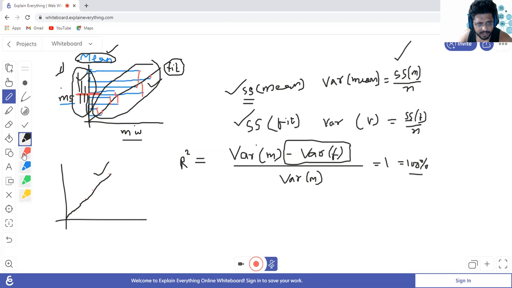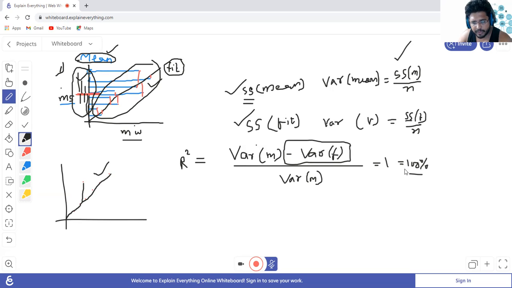But if suppose 1 point is here, then what will happen? This one will get added in variance of f, right? So some value will get added. So here it will not be 0, it will be something more than 0.